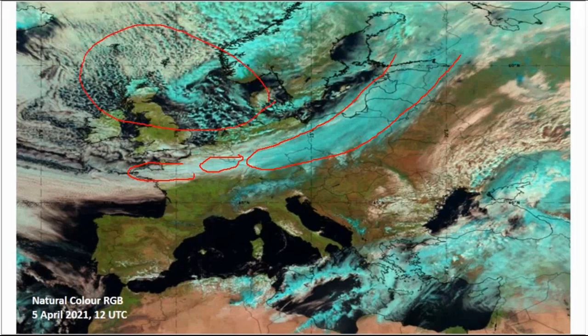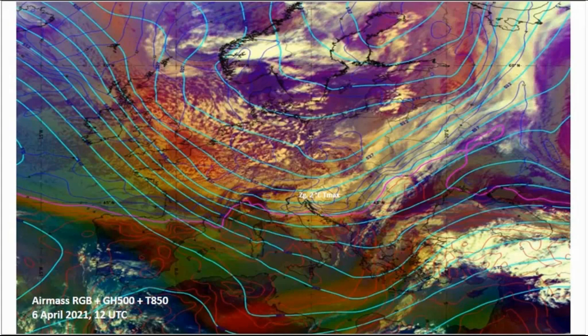Here in this area you can also see very nicely the open Rayleigh-Bénard cells, which are very characteristic for the cold air behind the cold front, especially over the sea, because over the land the friction and the low humidity is not very good for their development.